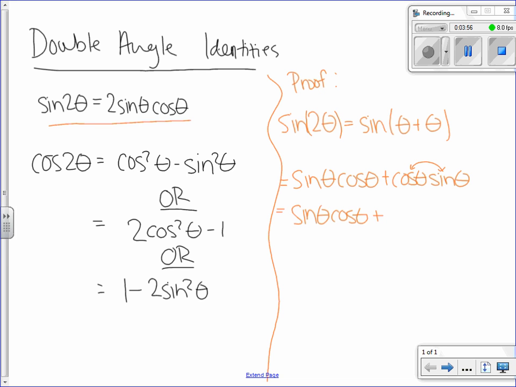I'm just going to switch these so it looks like the first term. And we can do that because multiplication is commutative. And then, okay, look, I've got 1 sine theta cosine theta plus another sine theta cosine theta. So you're just combining those because they're like terms, and you get 2 sine theta cosine theta, which is what we wanted. Okay? 4-line proof, not bad.